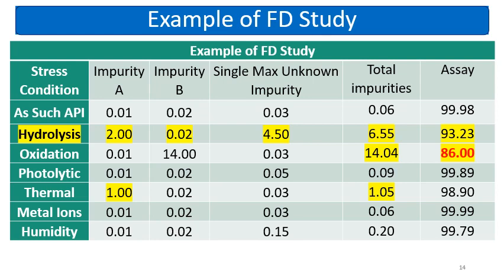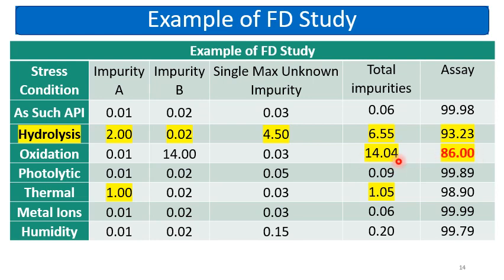So mass balance is nothing but how much is the total degradation and what is the assay. That mass should get reconciled, that is known as the mass balance. Like here for 6.55% total impurities, 93.23% assay is coming, and for 14% of the total impurities assay is coming 86%.